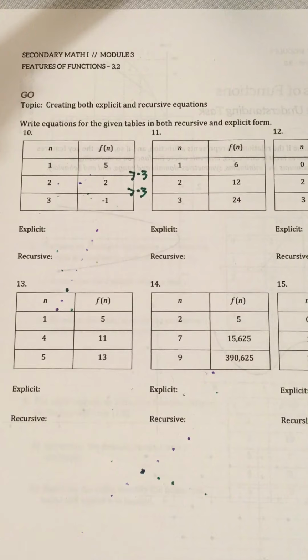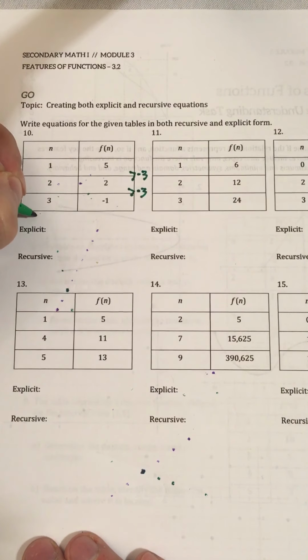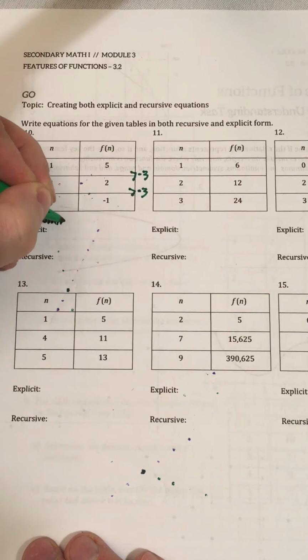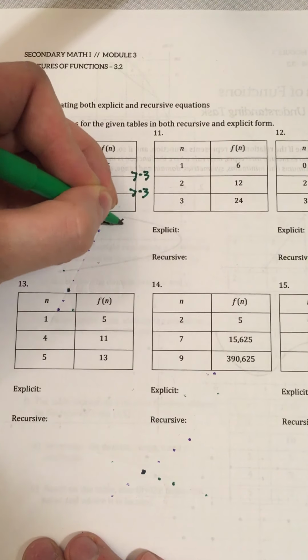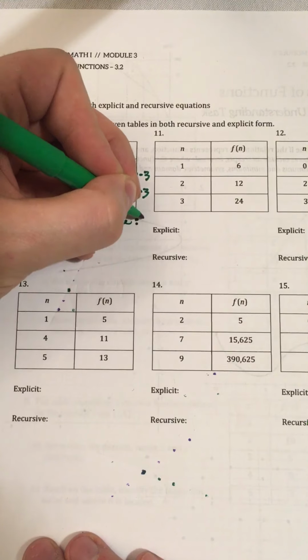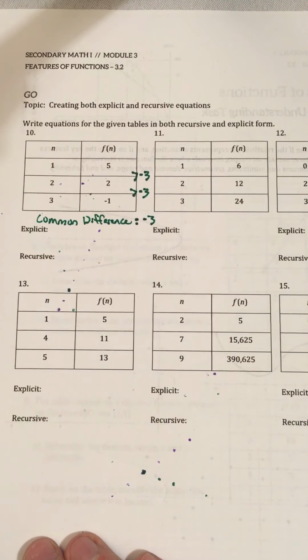And so I know that I have my common difference is 3. It's actually, sorry, it's -3. So we're decreasing. And so I'm going to start by writing my recursive equation.